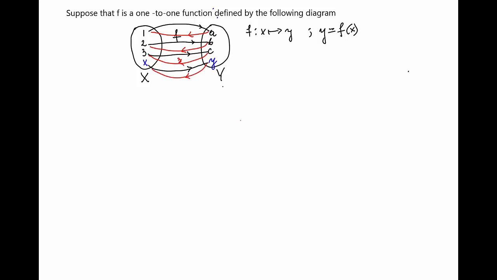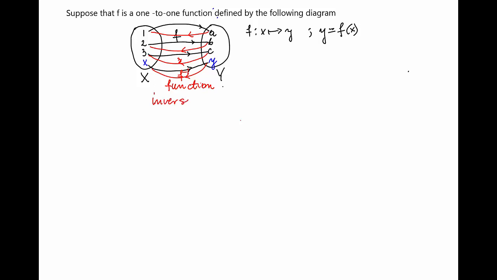You can look at that relationship, which is kind of inverse of the function f, and you can notice that this relation is a function. To every element of the set Y, we assign one and only one element of the set X. This relation is a function which we call the inverse of f, and denote f with the superscript negative 1.